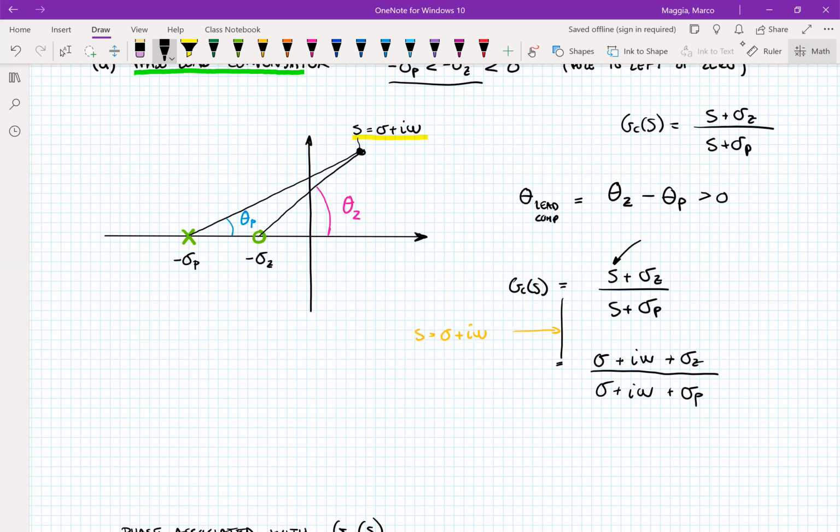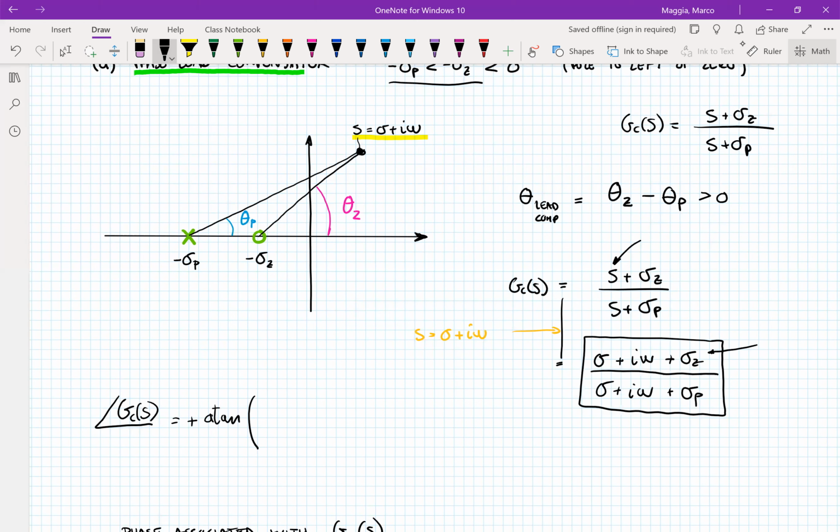So what is the overall phase associated with the lead compensator? We have to take the angle, or the phase, of this complex number. Remember, when we're calculating the phase of a complex number that is written as a fraction, we first refer to the numerator, so plus arctangent of the imaginary part.